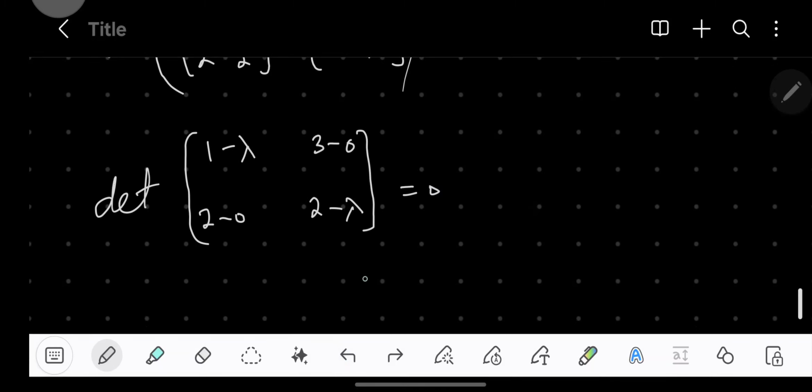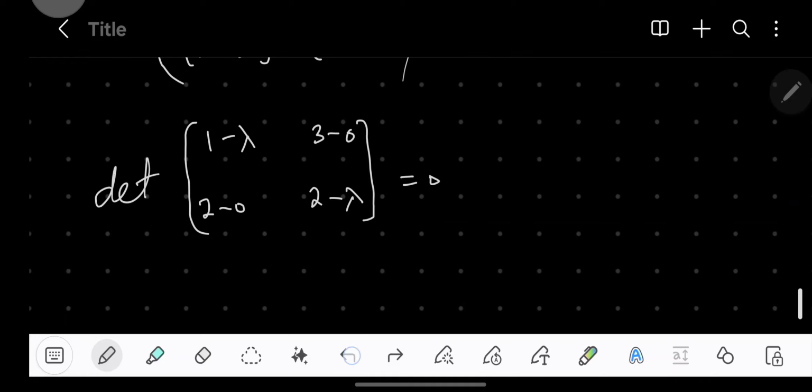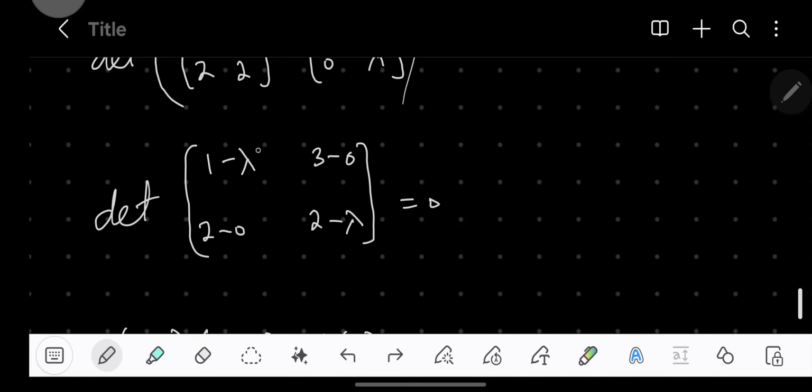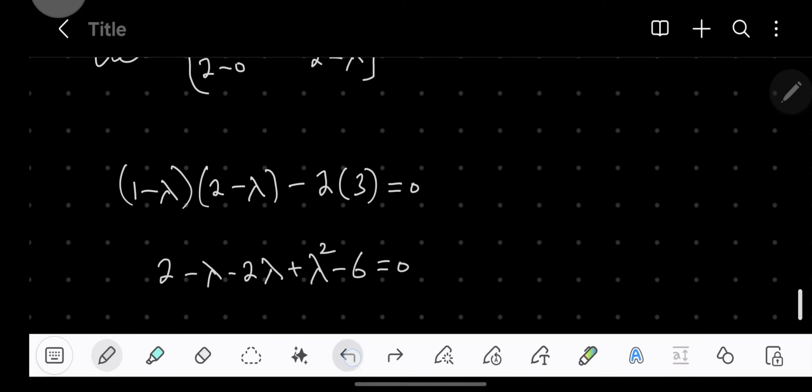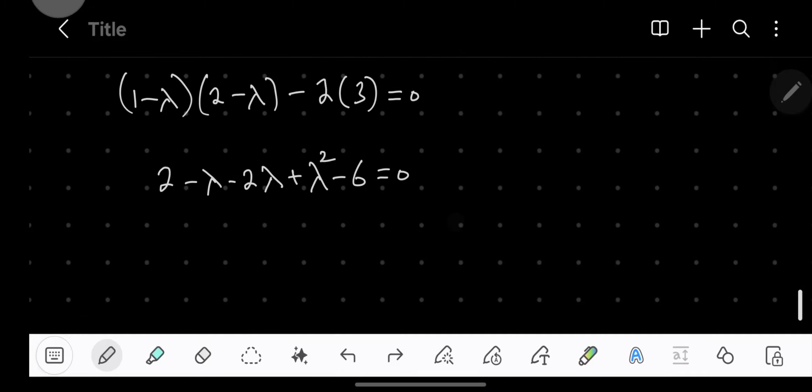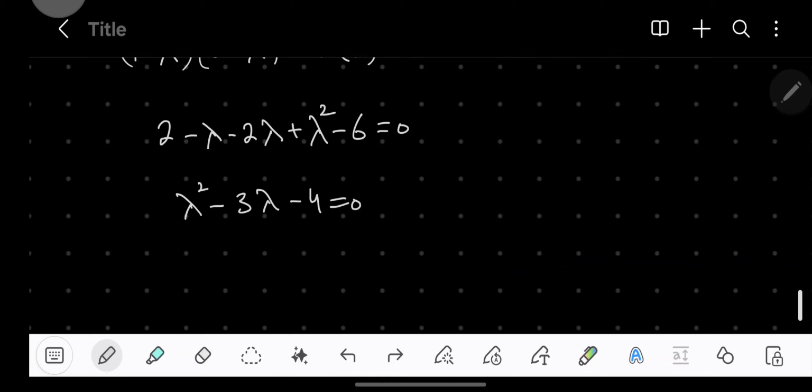And if we take the determinant of this small matrix, it's very simple: you multiply these two values minus 2 times 3, which is here. Now if you multiply these values and write this as 6, after simplification you will get this quadratic equation. Now you can solve this quadratic equation by any method.